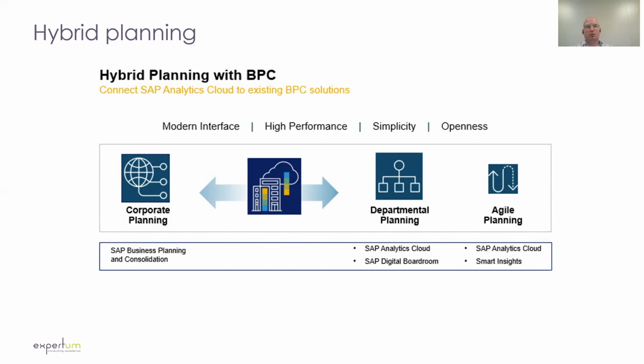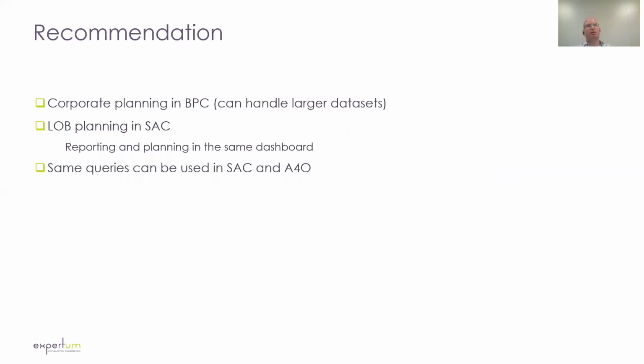And then what are the recommendations? Well, corporate planning, BPC can handle larger data sets. Therefore, corporate planning should be done in BPC. Line of business planning, preferably taken into SAC. And you can do reporting and planning in the same dashboard, because you can do graphs and other interfaces on your BPC model.